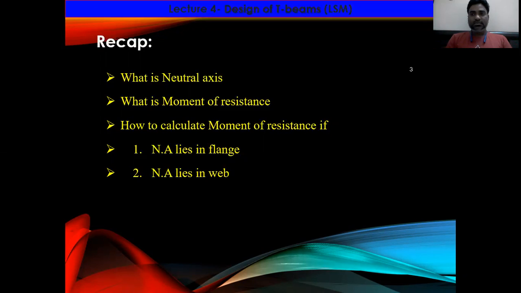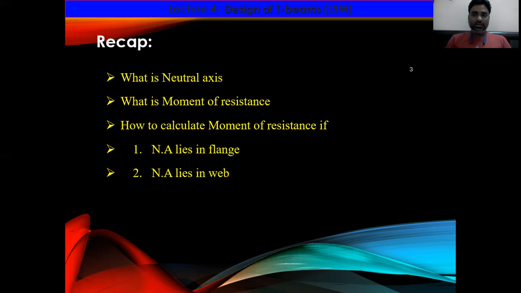Also, we discussed the moment of resistance for different depths of neutral axis, because the moment of resistance depends upon the depth of neutral axis in T-beams. The neutral axis in T-beams is of different types: the neutral axis within the flange and the neutral axis within the web.